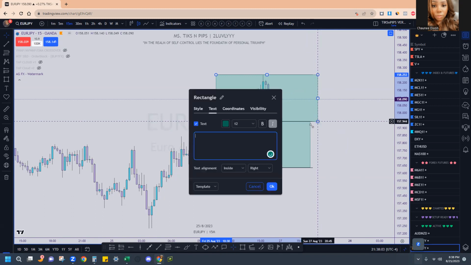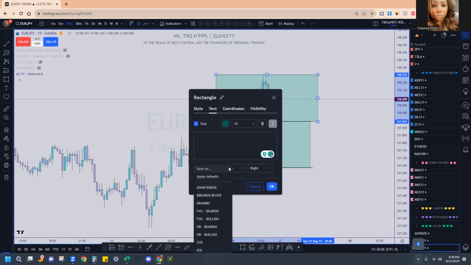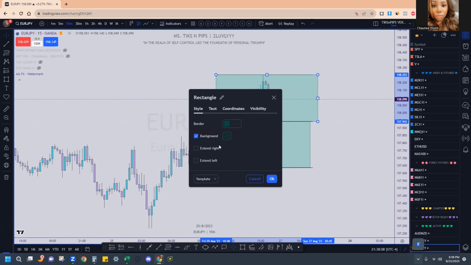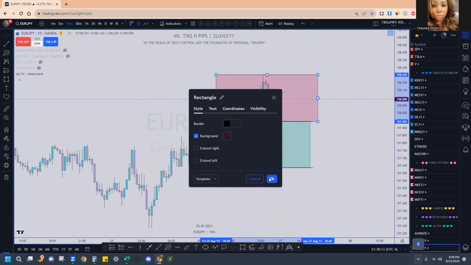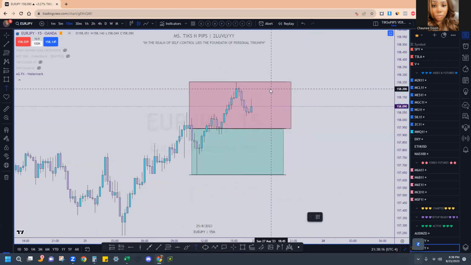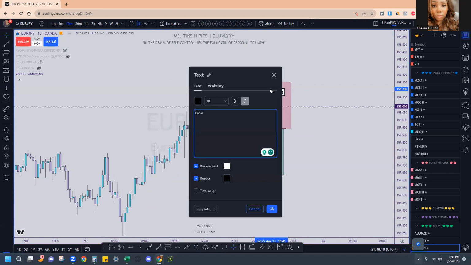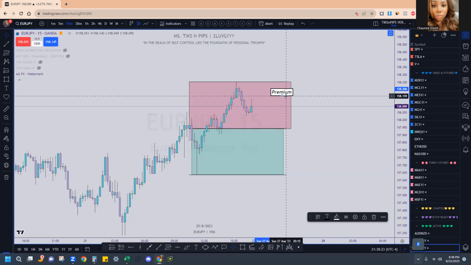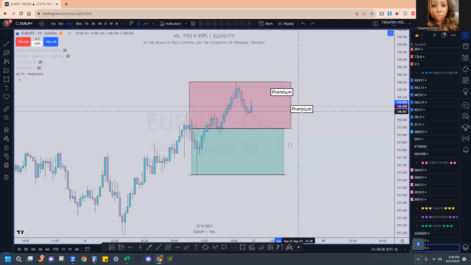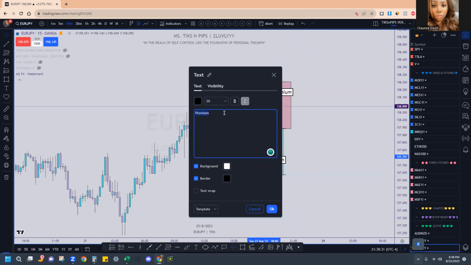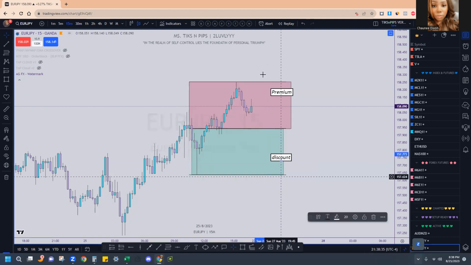So when you're going to sell, you want to sell in a premium area. So this here is premium. And this here is the discount. So that's just the skeleton of what we're looking for.